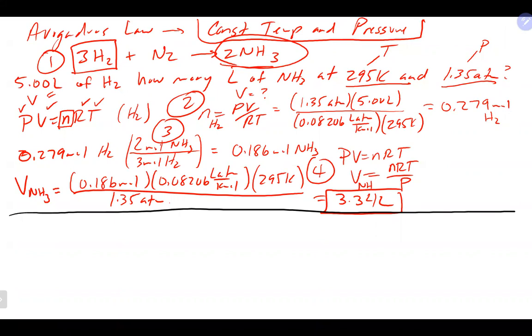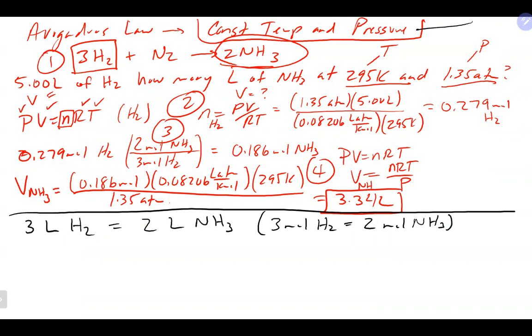So as we talked about earlier, when we look at the equation, for every 3 liters of H2 there would be 2 liters of NH3, and that's equivalent to saying 3 moles of H2 is equal to 2 moles of NH3.